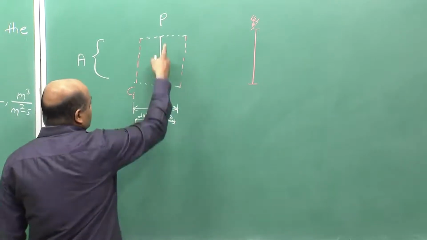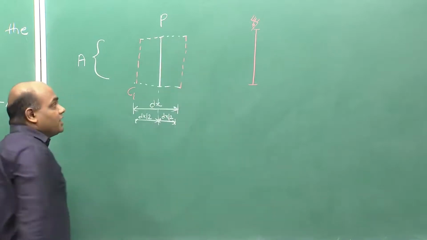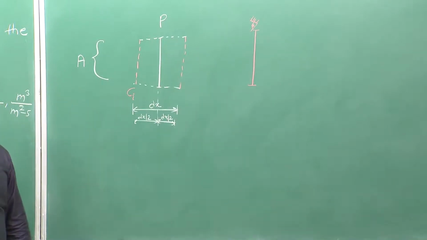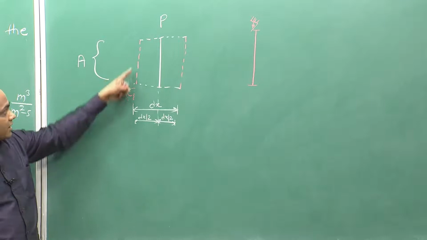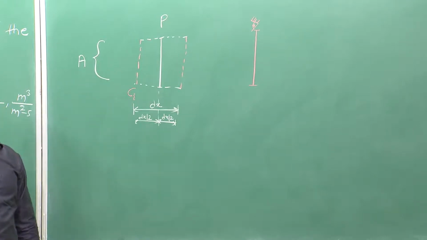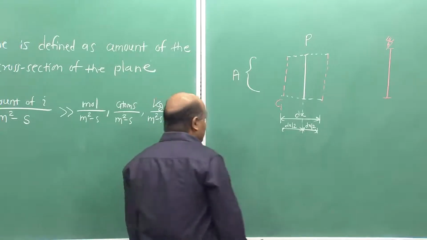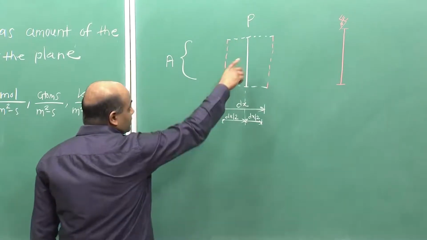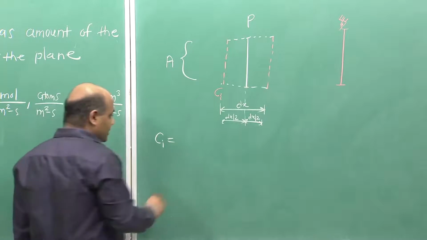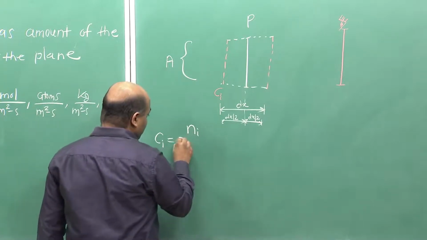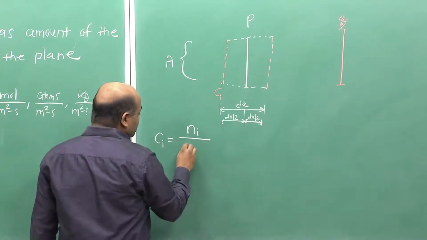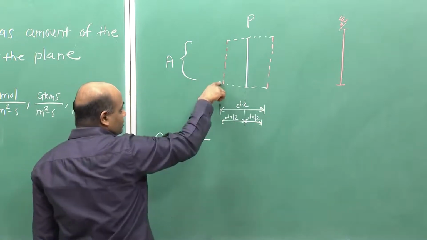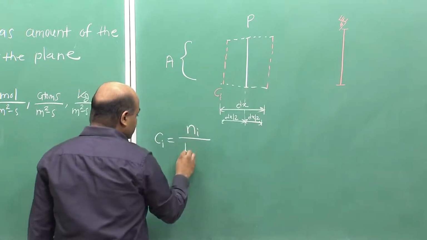So, this forms a small volume element around P, and if there are ni number of atoms of I in this compositional front, then the concentration of I in this small volume element we can write as number of atoms of I, ni, divided by the volume. Volume will be cross sectional area times dx.